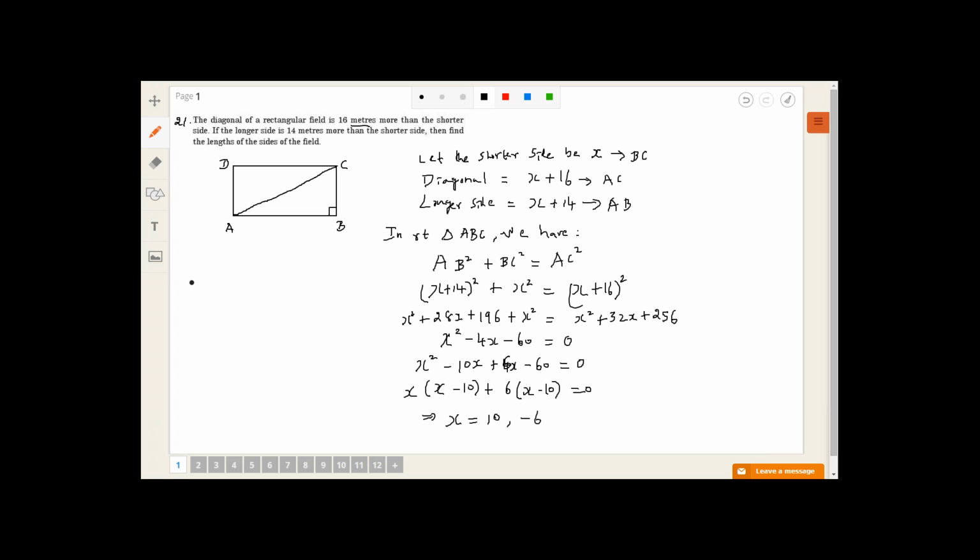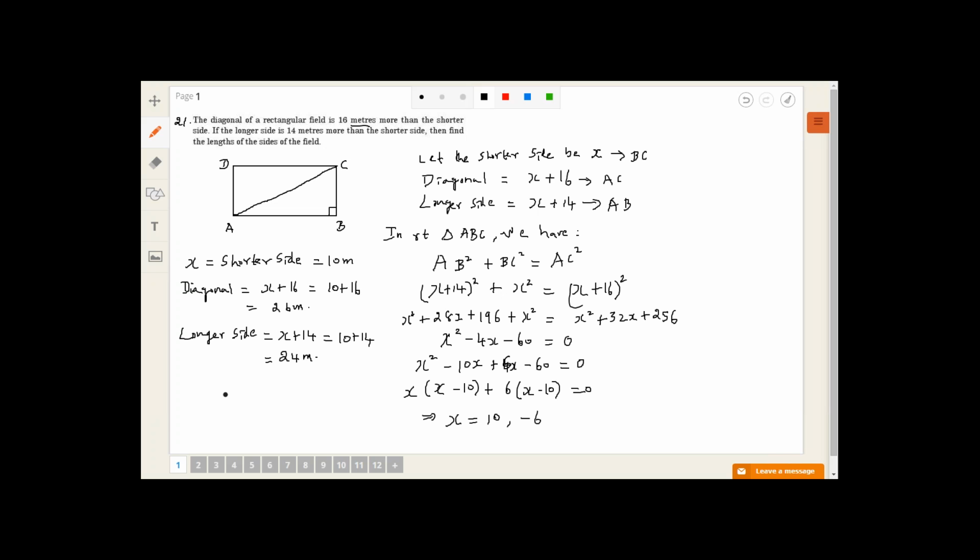So x equal to 10, x being the shorter side, will be equal to 10 meters. Now the diagonal will be x plus 16, which is equal to 10 plus 16, that is equal to 26 meters, and the longer side is given as x plus 14, that is equal to 10 plus 14, which is equal to 24 meters.